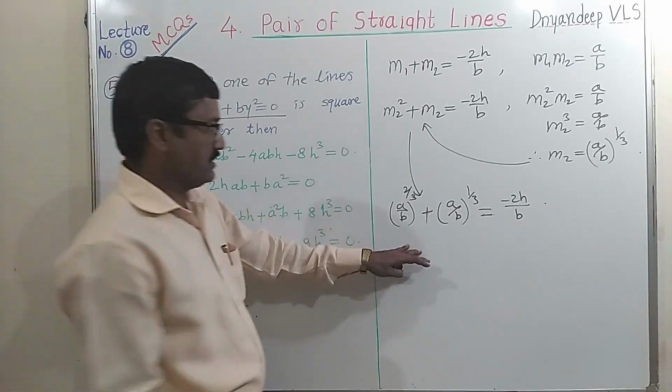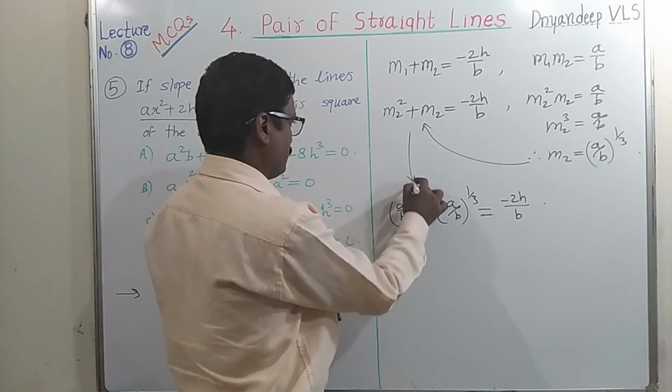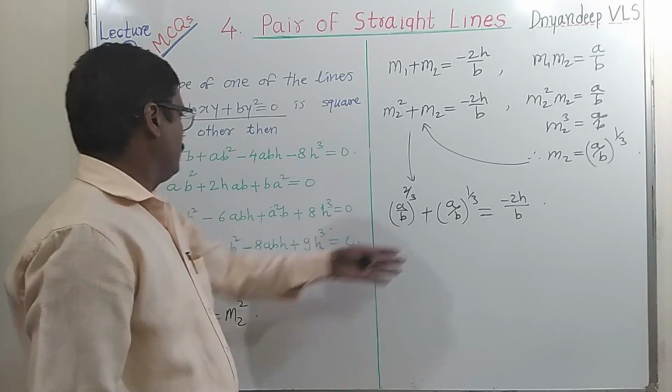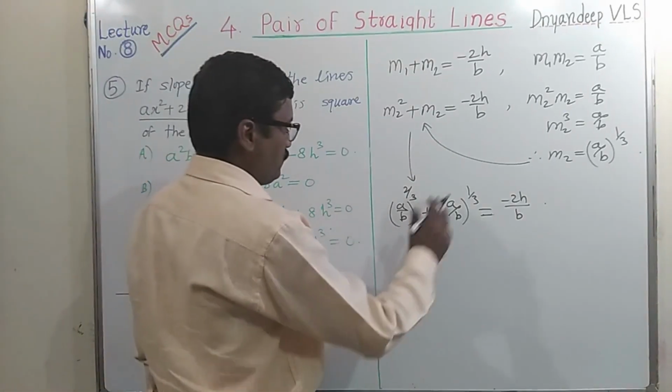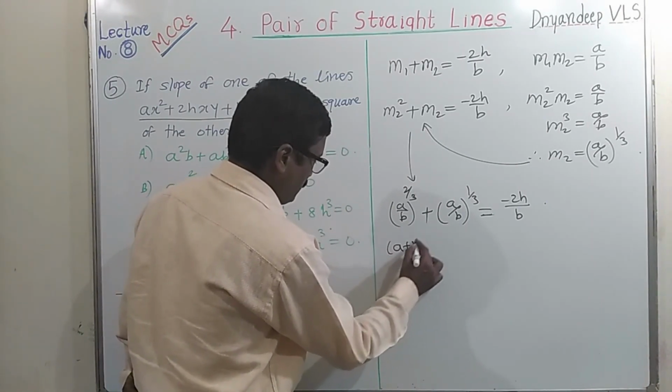Now we get this equation where M1 and M2 get eliminated. Now this is an equation in a, b and h. Just simplify these options. Take cubes of both sides. (a plus b) whole cube is the formula.